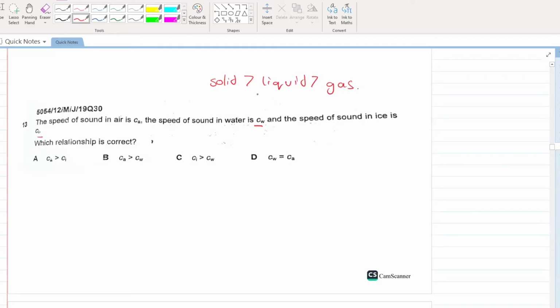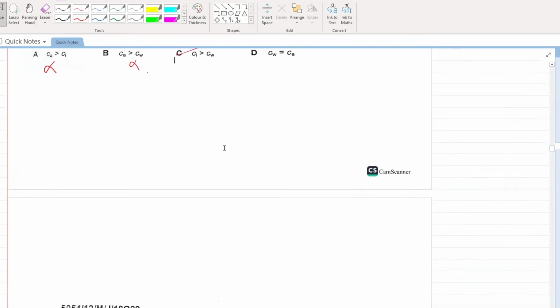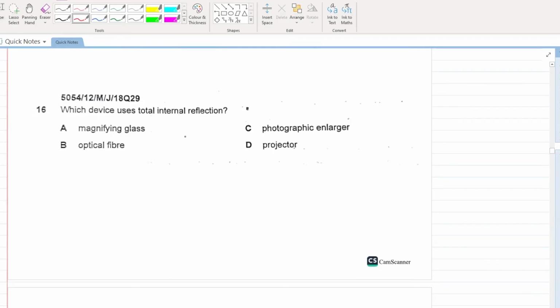So, can you see any option like that? The speed of sound in air is greater than ice? No. The speed of sound in air, that is gas, is greater than liquid water? No. The speed of sound in ice, that is solid, is greater than water or liquid? Yeah, that's correct.